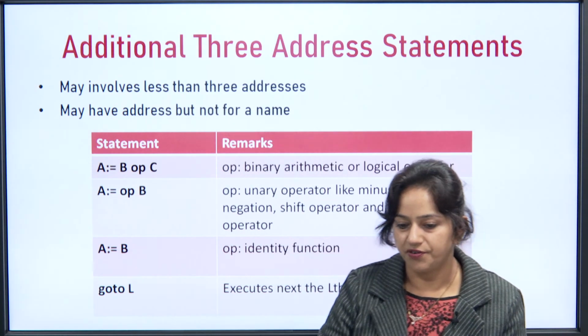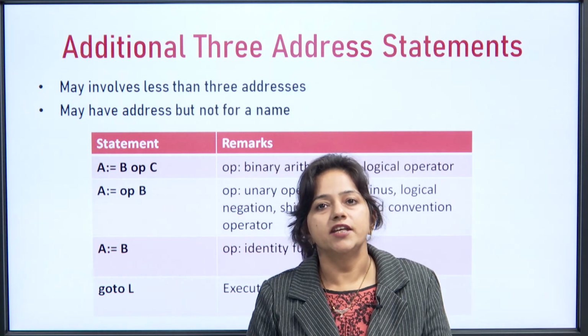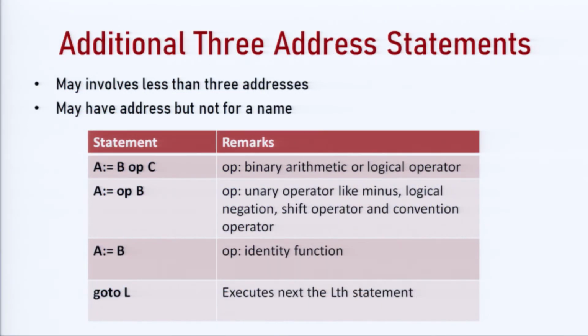Now, we will proceed further and write additional three address statements. These statements may involve less than 3 addresses. If you are writing a whole program, not every statement can be written in the form where we have 3 addresses. It may involve less than 3 addresses, or may have addresses but not for a name.